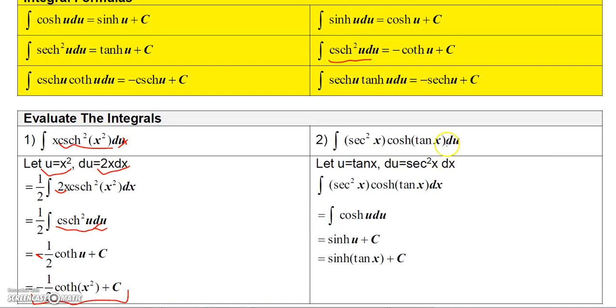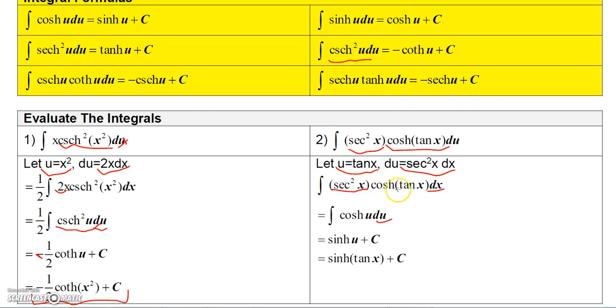Now the next one doesn't really require any manipulation. Here I have the hyperbolic cosine of tangent x. So here what I can do is let u equal tangent x, and then du is secant squared x dx. Obviously I'd have been in a world of hurt if I didn't have that secant squared x there, but since I have the secant squared x there, the secant squared x along with the dx makes up the du.